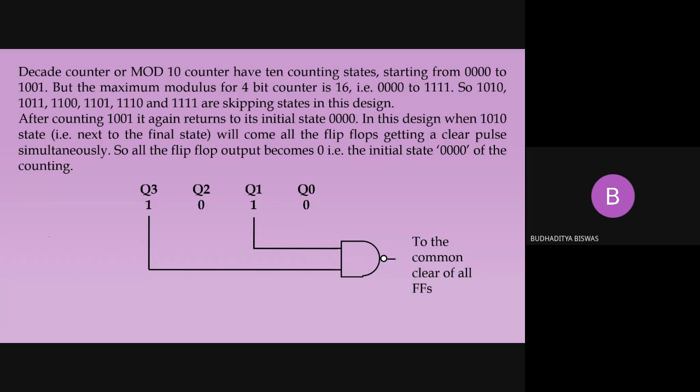Then you need to look at the 10, that means the next step, very carefully, look at the bit pattern of the next step and find out the unique combination of bits, and that should go to a NAND gate.